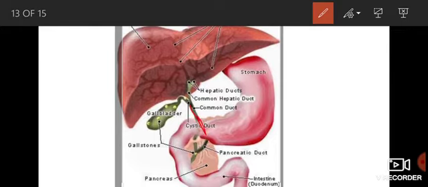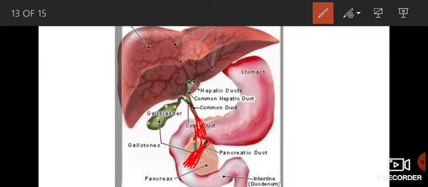This is the supraduodenal part, here comes the retroduodenal part, and here comes the infraduodenal part. When it reaches the infraduodenal area, it is passing behind the head of the pancreas. So behind the head of the pancreas, you are studying the bile duct as a posterior relation.